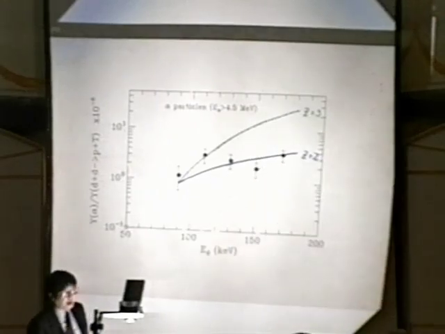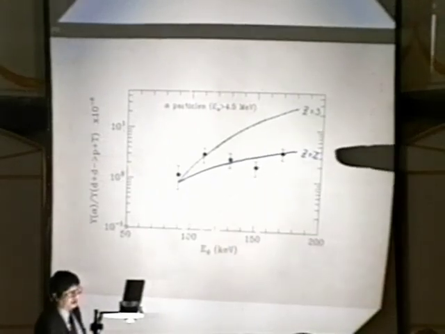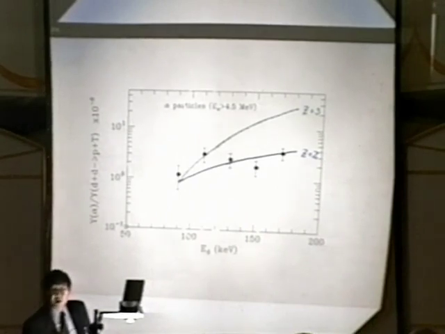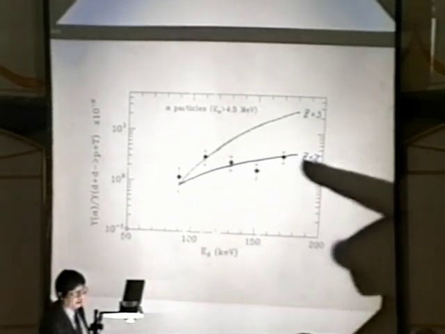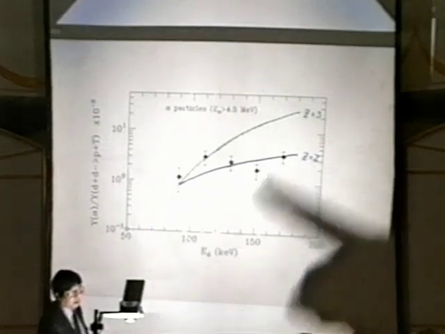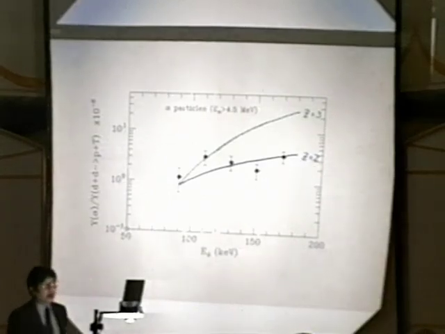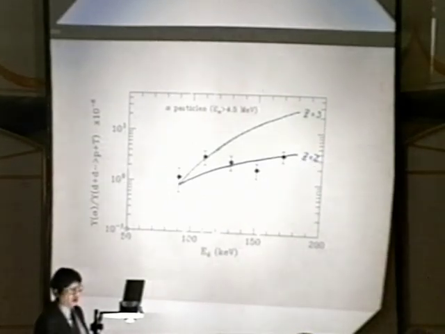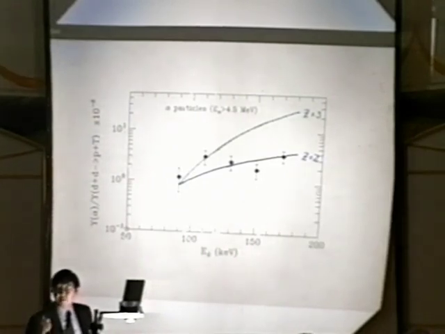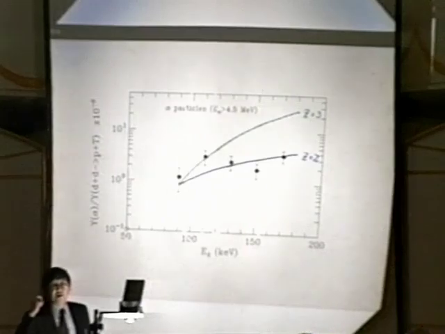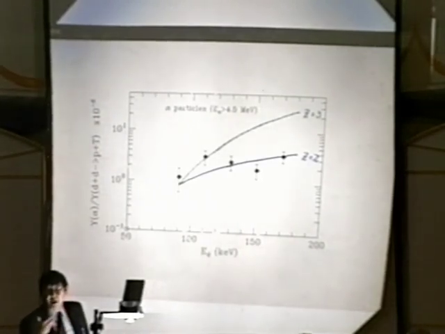And if you assume that the target charge is Z equal 2, then it should follow this blue line. I can say that the blue line more or less reproduces the experimental results very well. That means that actually the incident neutron sees a two-charge target in the titanium.